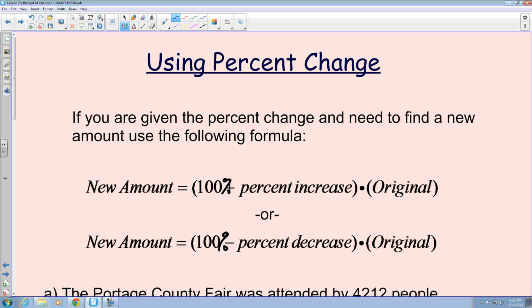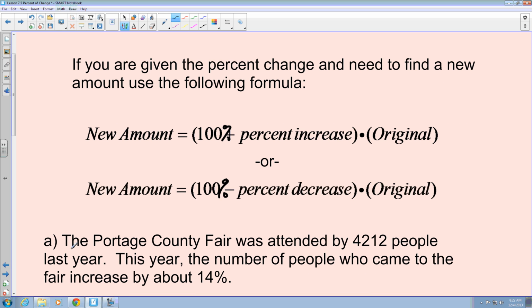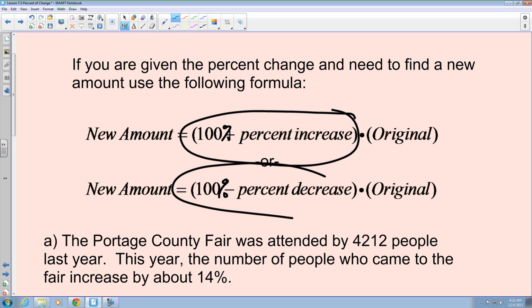But before we multiply it by the original, keep in mind that you must convert these percents into decimals. That's very, very important. That drastically changes the value of our new amount.